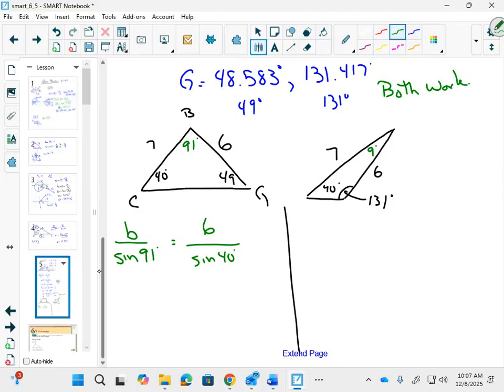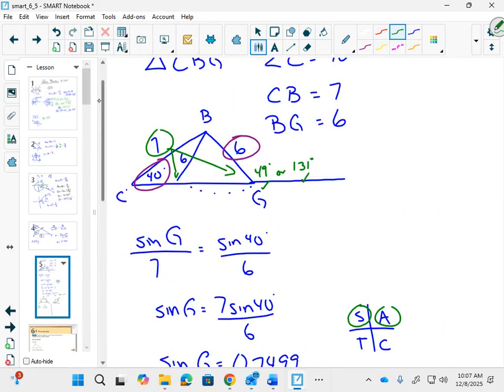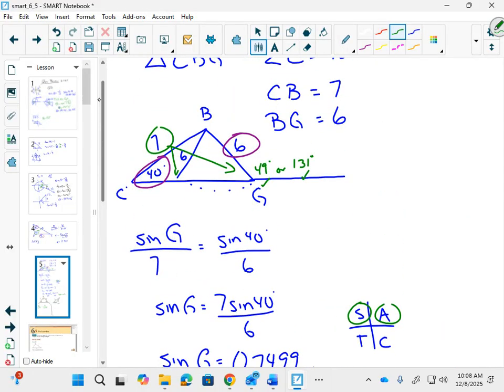Question? Do I have two possible angles and two possible triangles with that if I get two positive angles which are different? If the two angles both work, so again, I went back up to my original here, and when I said, okay, it's 49 or 131, they both are under, if I add it to the 40, they're both under 180.